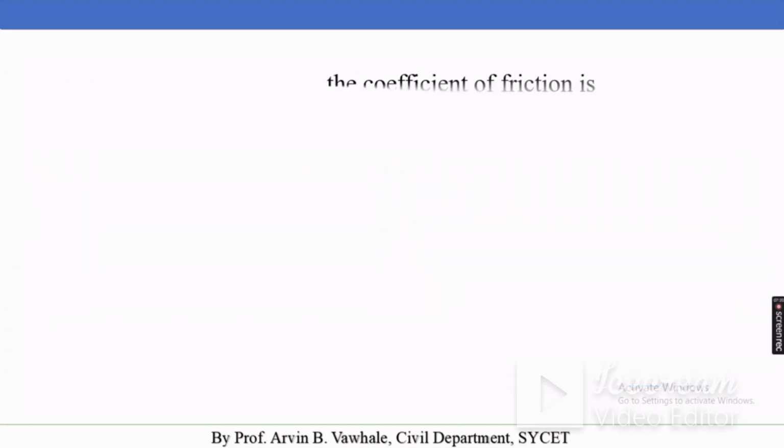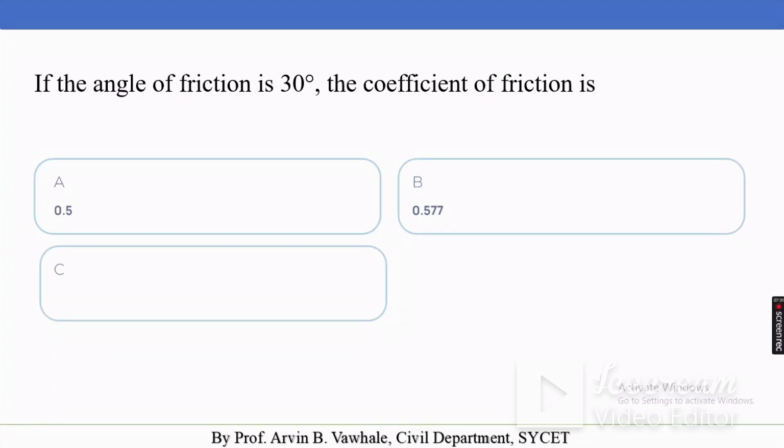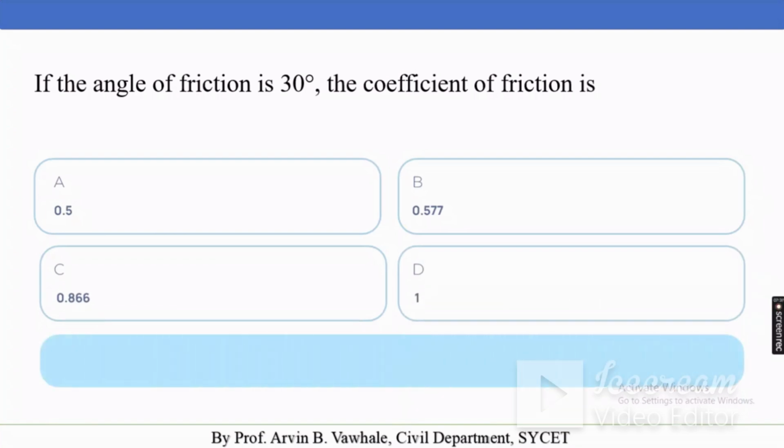17. If the angle of friction is 30 degrees, the coefficient of friction is A, 0.5, B, 0.577, C, 0.866, D, 1. Mu equals tan 30 degrees, that is 0.577. The answer is option B, 0.577. 18.